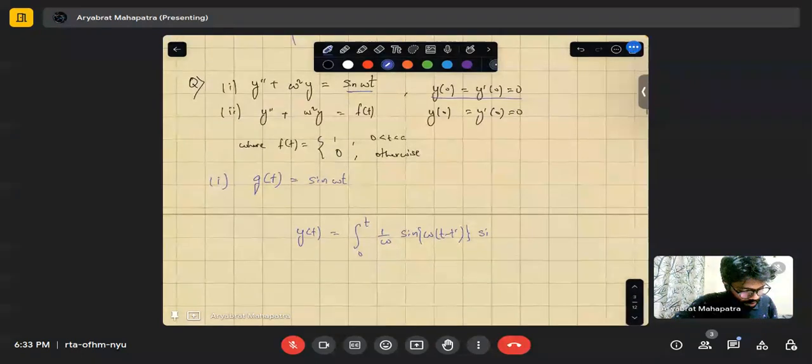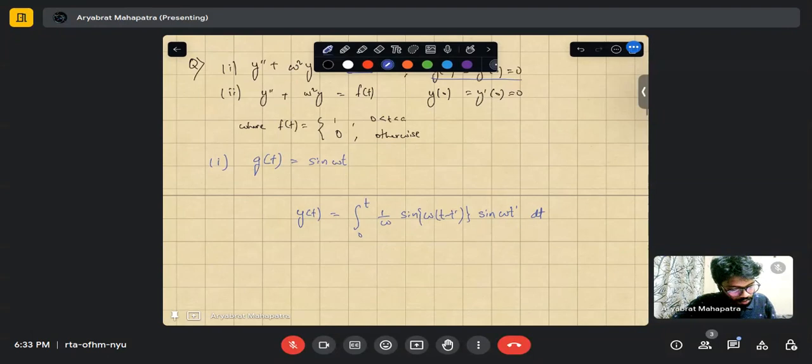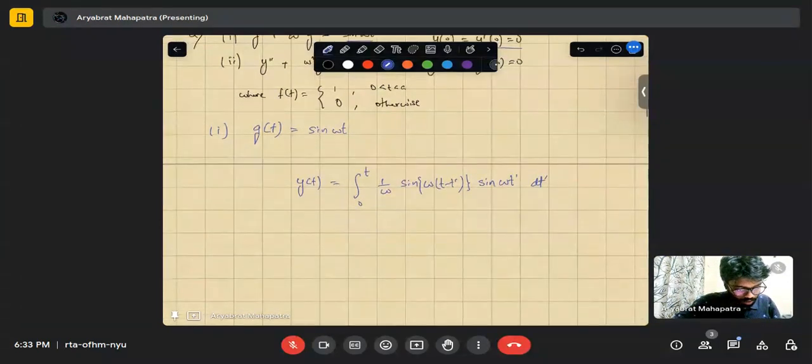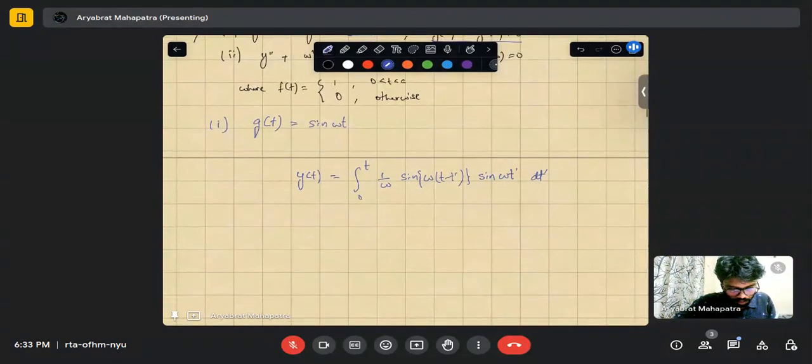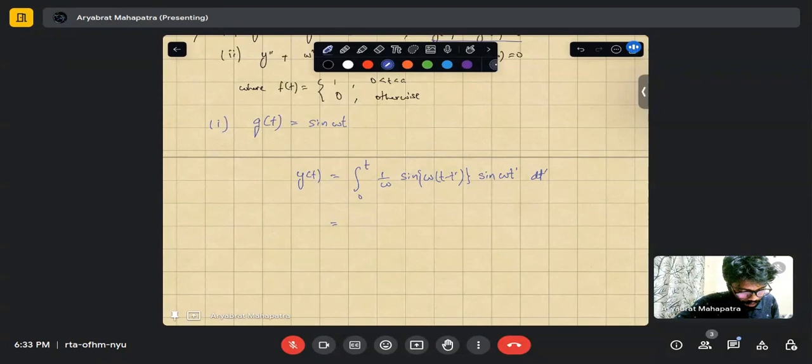So you will write g of t is sine omega t, and g of t prime will be sine omega t prime, and you integrate the whole thing with dt prime, so that you will get your solution in terms of t. Once you do this integral, you will use your trigonometry rules right here.